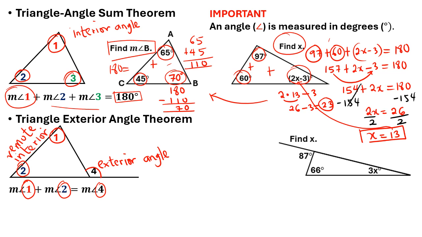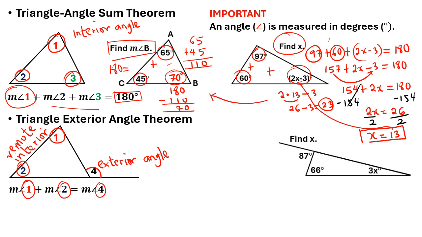Remote interior, which means that if we had angle 3 here, we could not combine angle 1 and angle 3 to give angle 4. So this theorem doesn't work like that. The theorem is about the sum of the two remote interior angles given the exterior angle. So angle 1 plus angle 2 will always equal angle 4.